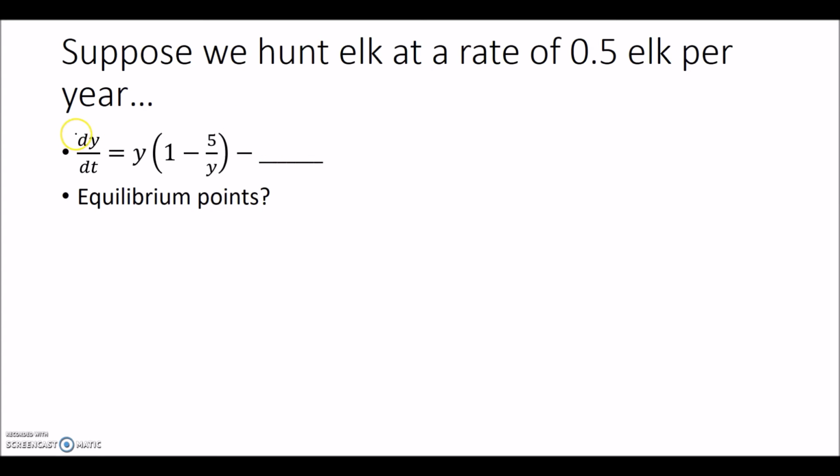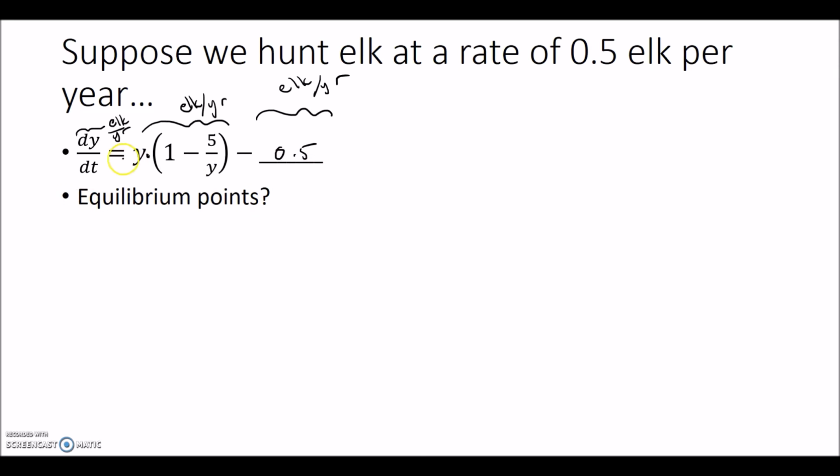Now, since this is in elk per year, that means that this term here must be elk per year. I don't care about the individual factors of that term. One term is anything separated by a plus or minus sign, and then I'm going to subtract off elk per year, at a constant rate of 0.5 elk per year.